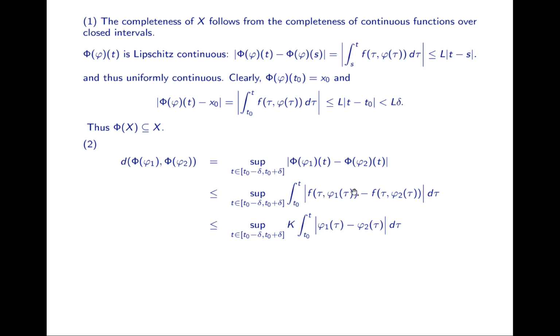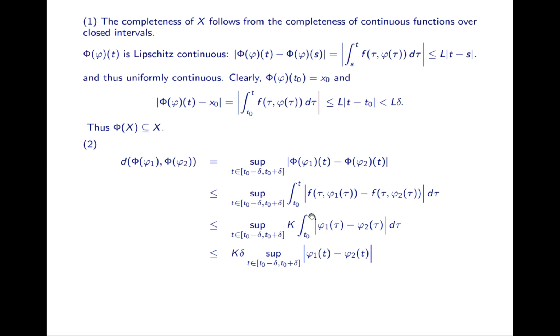But notice that tau is the same here, so I can use the Lipschitz criteria of f. Remember, f is Lipschitz in the second component. So if I use that Lipschitz bound, I get this is less than k times the integral from t naught to t of these two functions. Now remember, these two functions, phi1 and phi2, we saw an example in red and magenta in the previous picture, are bounded by how far away they can be from each other.